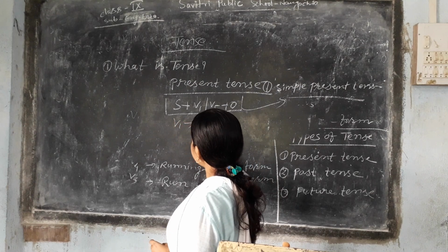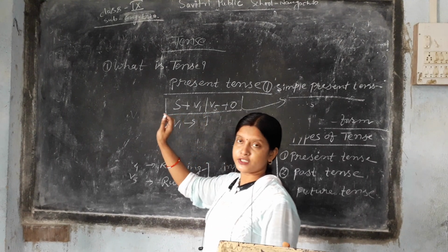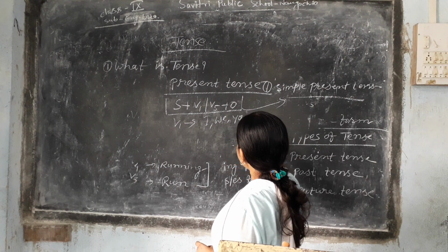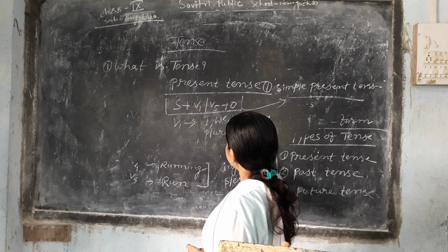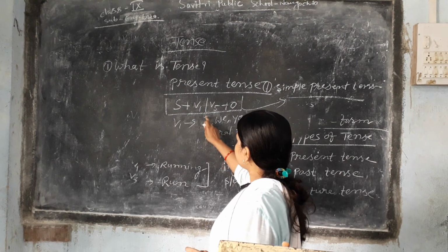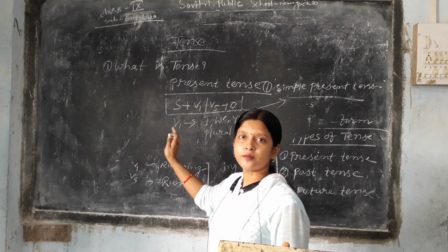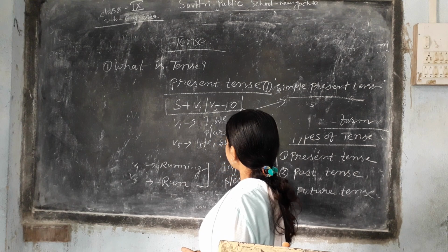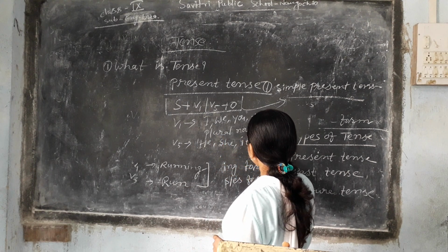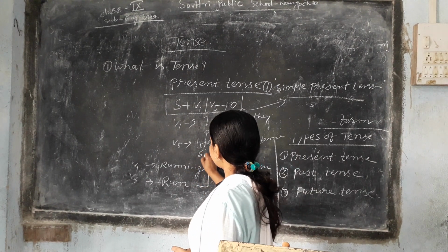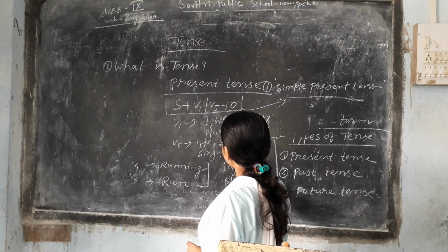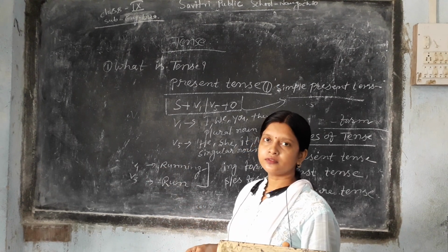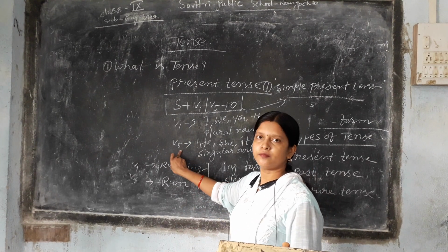V1 is used with I when the subject of the sentence is I. For example, boy, girl, child, they are singular nouns, and with singular noun we use the fifth form of verb. Only one use of the fifth form.